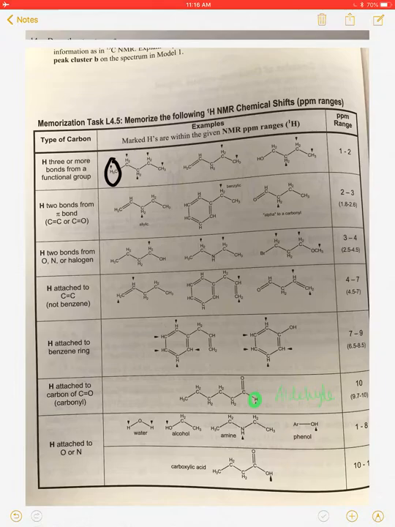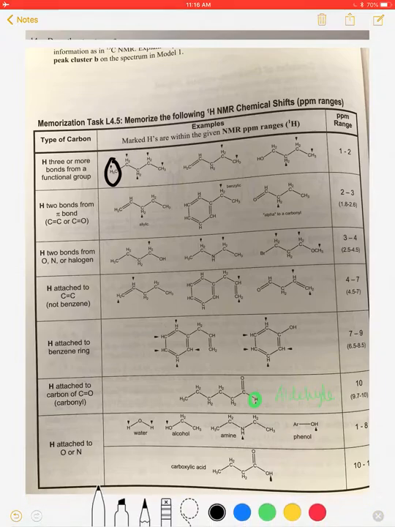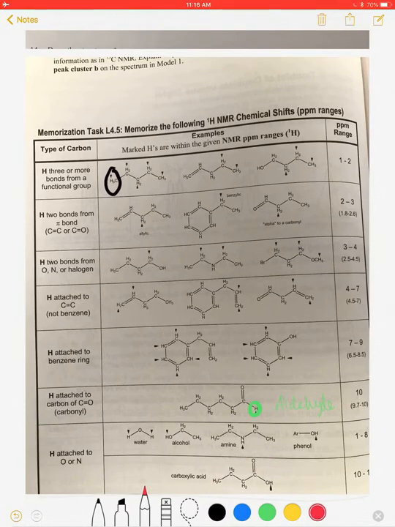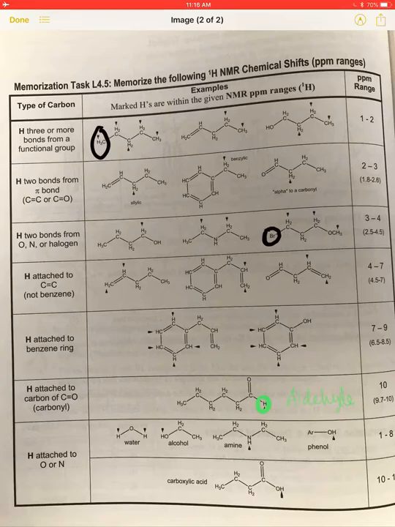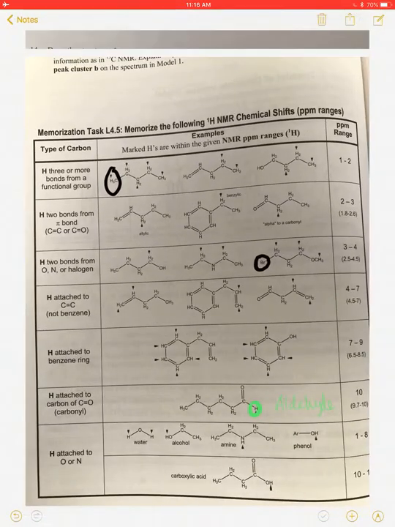Well, we know we've got a halogen, so let's look at this one. And again, let me change the color here and the type of pencil. So we've got a bromine. So there's our bromine. And the hydrogen that's on the carbon that has the bromine is the one that has the chemical shift around 3 to 4.